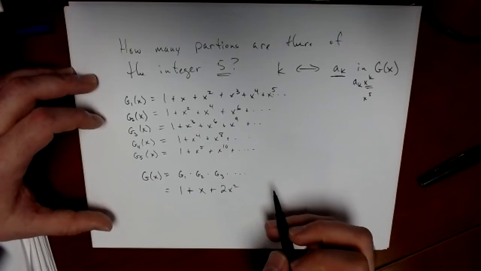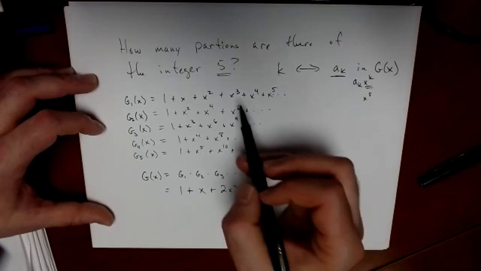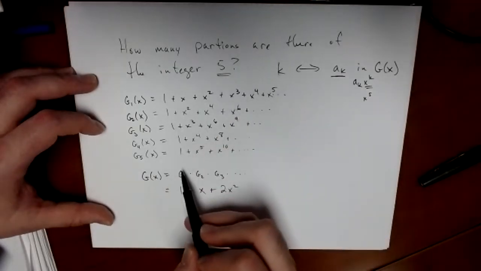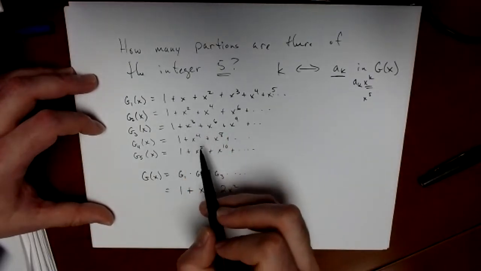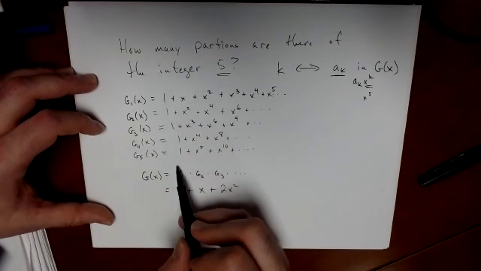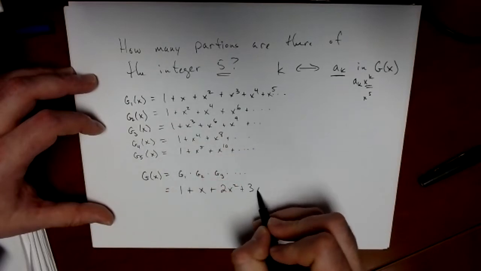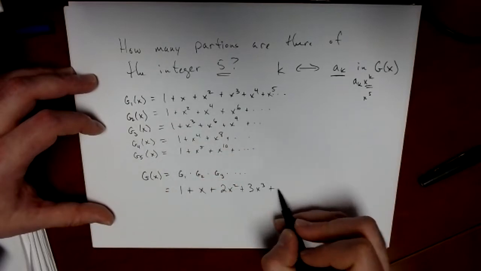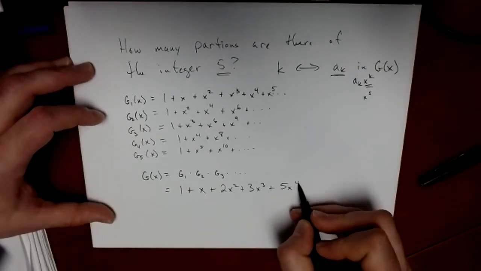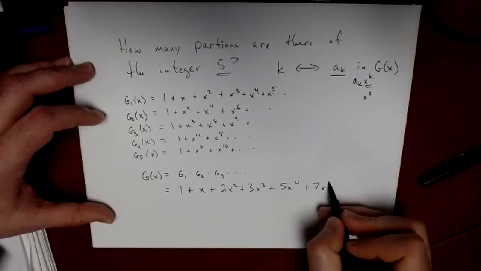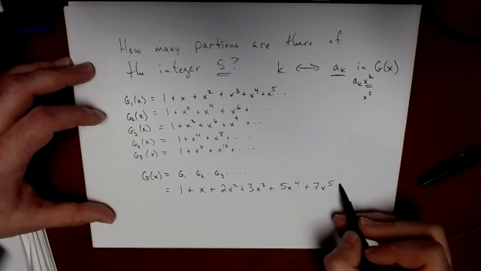And how many ways can we get x cubed? We have x cubed times all 1s. We have x times x squared. We have x cubed times the rest 1s, so that's 3x cubed. And then how about x to the fourth? I think it's 5x to the fourth and 7x to the fifth, and so on.